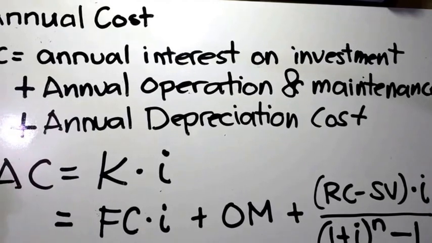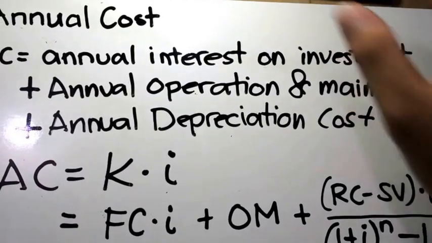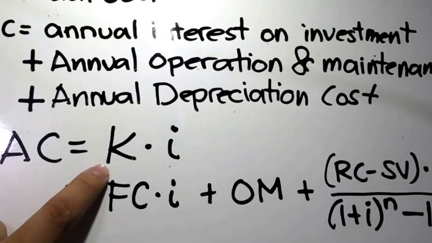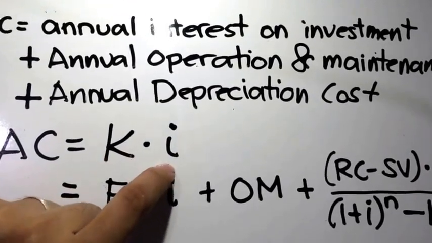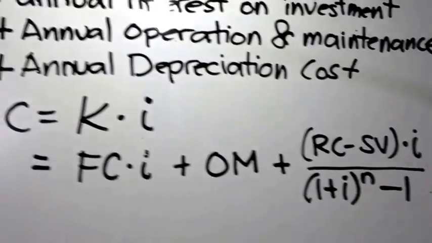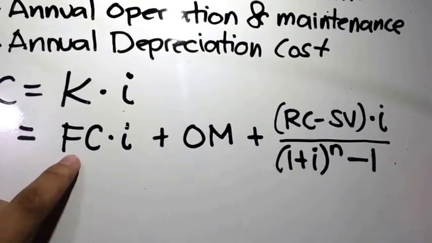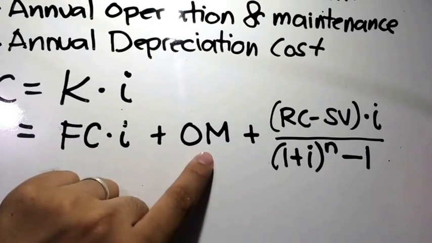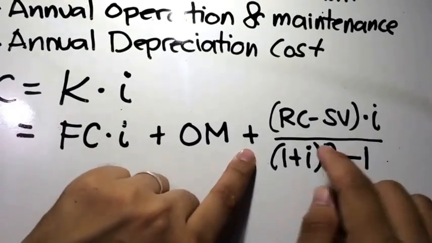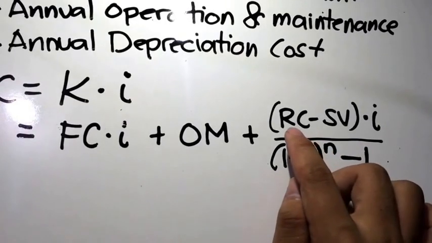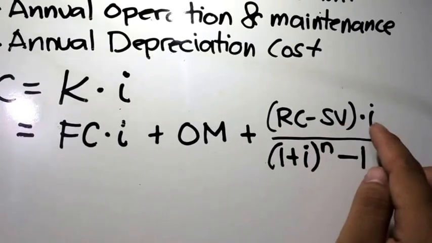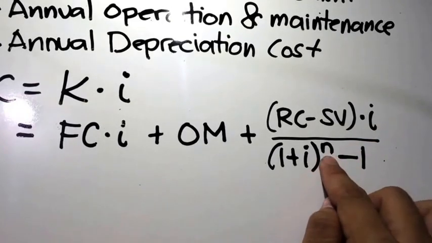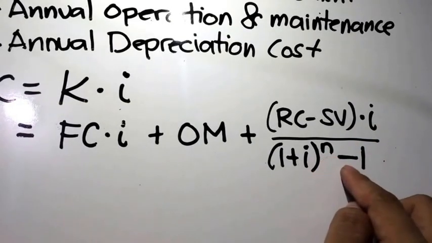Now, it's easier if you just remember that the annual cost is equal to the capitalized cost times I. Therefore, it follows that the formula for annual cost is equal to first cost times I plus operating maintenance cost plus the replacement cost minus salvage value times I over 1 plus I raised to n minus 1.